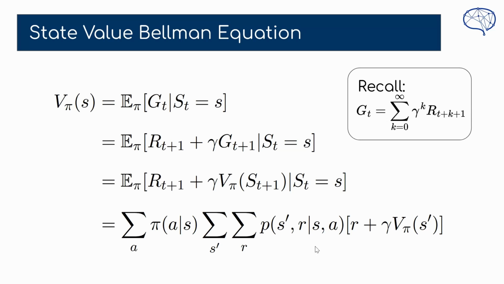This transition right here, p(s', r | s, a), is your environment transition. It's the probability of seeing the state S prime and reward R, assuming that you started in S and took action A. And this r plus gamma times your value is just the reward and your next value.